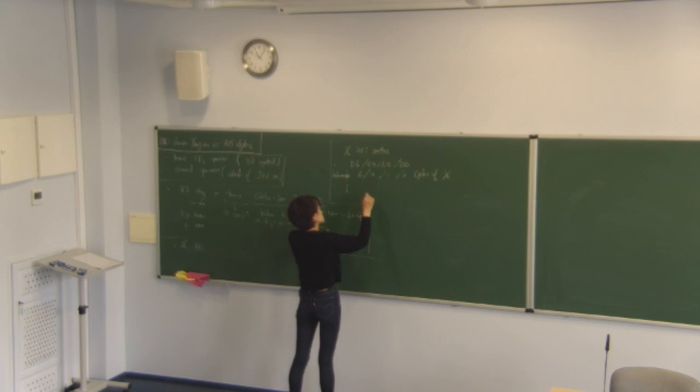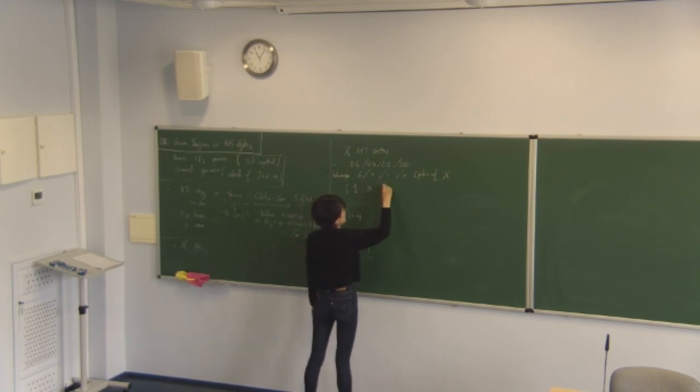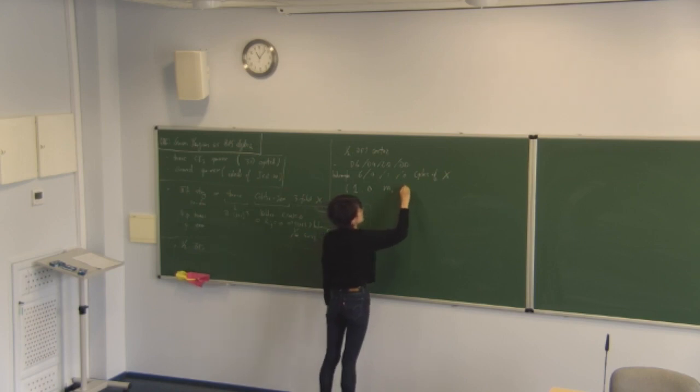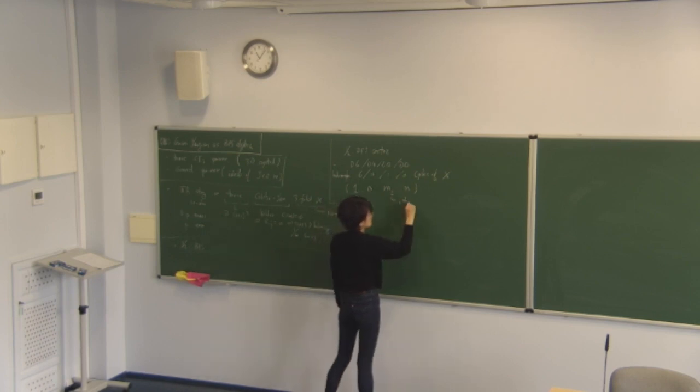To start with, we wouldn't need a D4. We will just have one D6 and no D4, and some number of D2 and some number of D0.